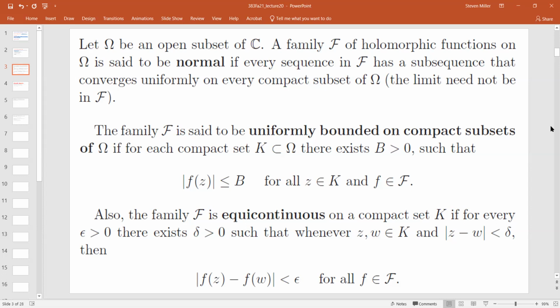Why do we like working on compact sets? I mean, we're always talking about mapping from an open set, so why do I want to do things on compact sets? Compact sets go to compact sets.